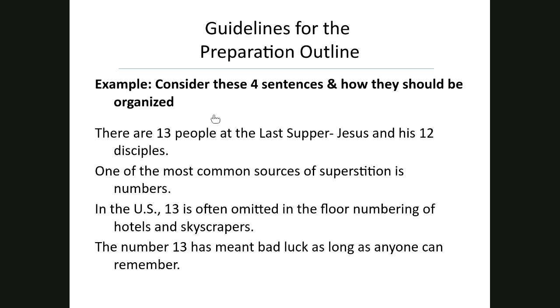All right, so I'm going to give you an example. You're going to consider these four sentences and how they should be organized. The four sentences are: there are 13 people at the Last Supper, Jesus and his 12 disciples. One of the most common sources of superstition is numbers. In the United States, 13 is often omitted in the floor numbering of hotels and skyscrapers.